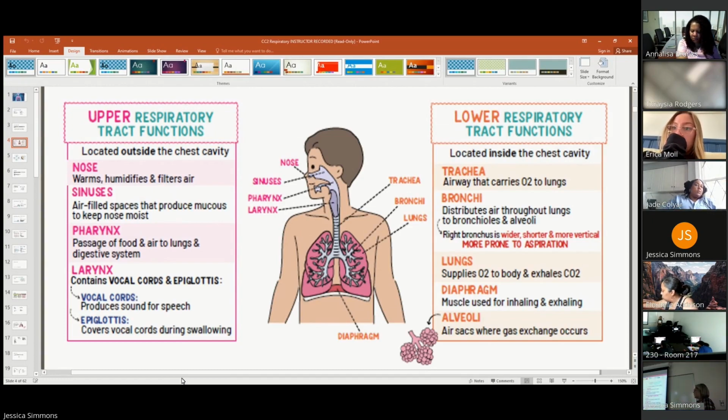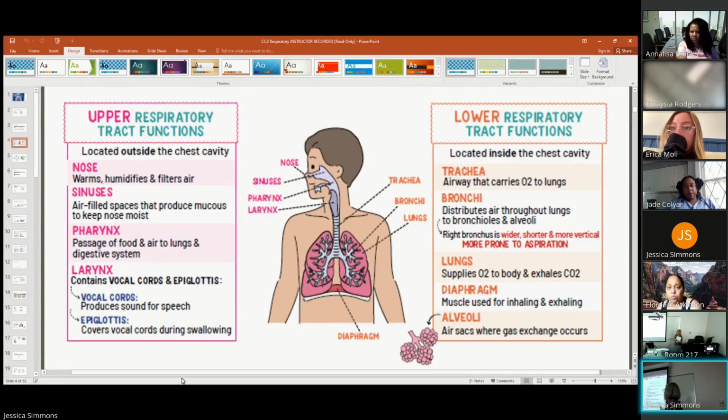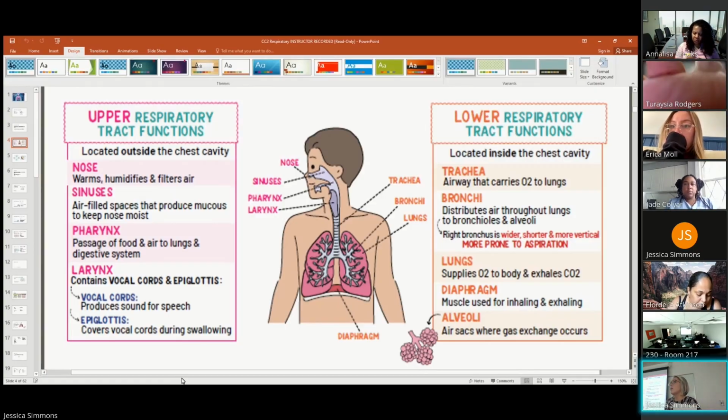And then, of course, we have the lung tissue that expands and contracts when we inhale and exhale. We have our diaphragm, which is down here, and it is a very large muscular feature that has the ability to go up and down for your lungs to contract and relax.